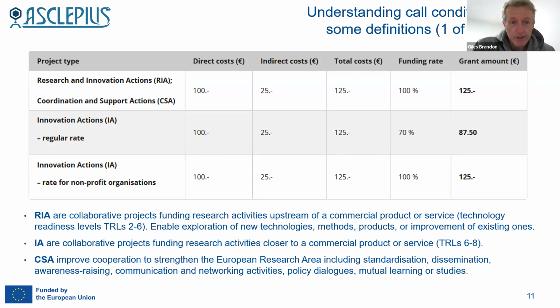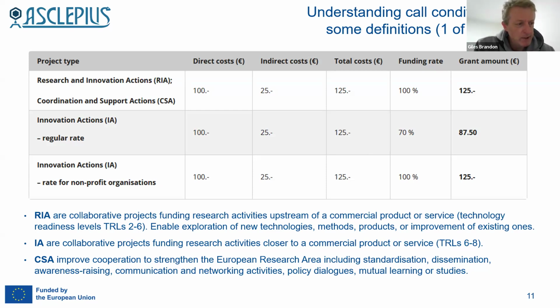Now for RIA and CSA, the funding rate is 100%. So if you're indicating 125 euros of total cost, the grant will be for 125 euros. For innovation actions, which is the next row, it mentions here regular rate.